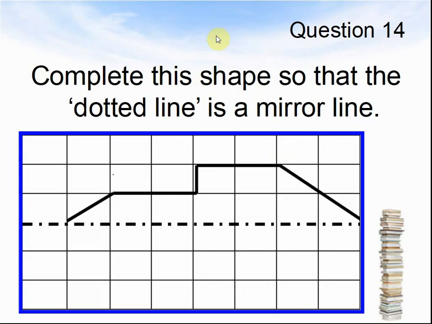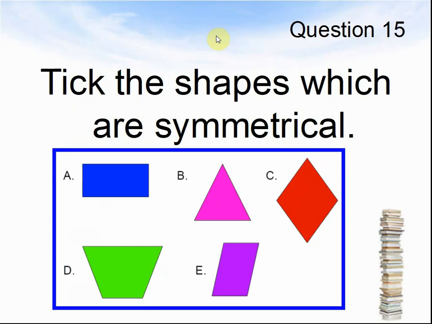Complete the shape so the dotted line is a mirror line. Pause the video until you are ready for the next question. Here comes question 15. Tick the shapes which are symmetrical. Pause the video until you are ready, and then we will look at the answers.